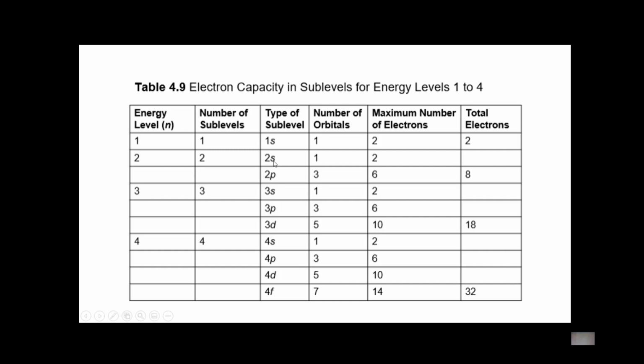So 2s can hold 2 electrons, because an orbital holds only 2 electrons. But you've got 2p. You have 3 orbitals here, and each can hold 2. So you have 6. So the total electrons that can be held in energy level 2 is 8. But I might ask you, how many electrons can be held in the 2p sublevel? Now I'm only asking about 2p. 2p has 3 orbitals. It would be 6.